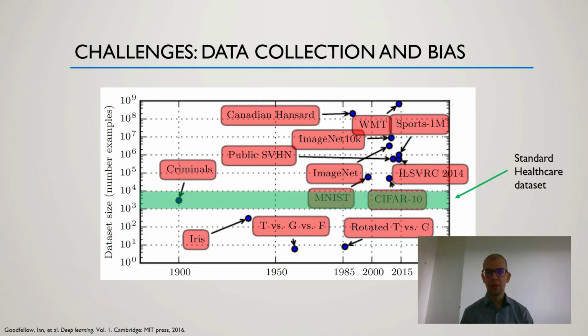Unfortunately, if you look at a standard healthcare dataset, this is usually much smaller, maybe around 1,000 to 10,000 images or samples. And this is of course a big issue because this deep learning model won't work as well with this small number of examples.